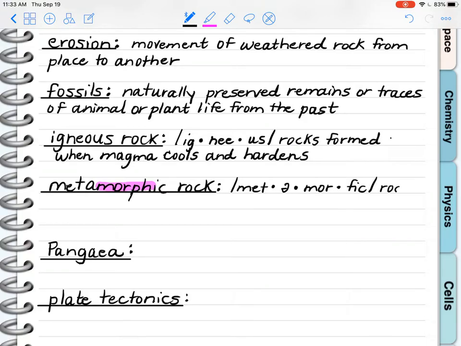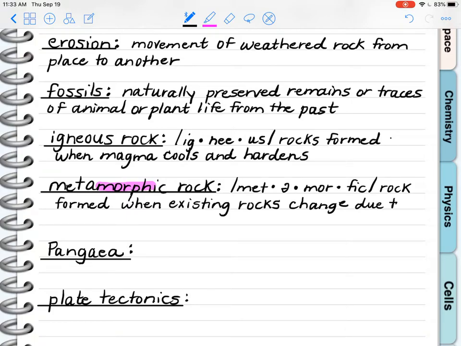And this is a rock that is formed when existing rocks, here comes the word that we're looking for with morph, change due to heat and pressure.